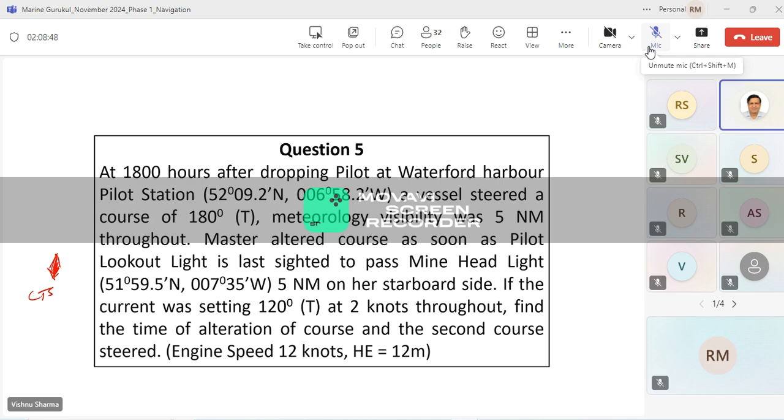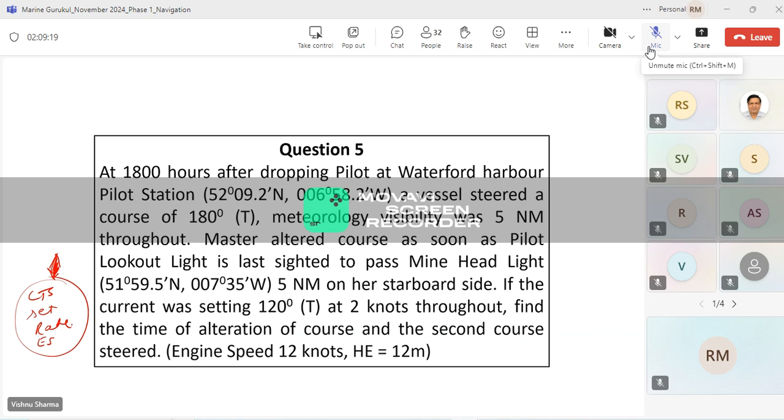Master altered the course as soon as pilot lookout light was last sighted to pass Minehead 5 nautical miles on the starboard side. If the current was setting, so the set is given, rate is given, find the time of the alteration of the course and the second course steered. Engine speed is given, height of eye is given.